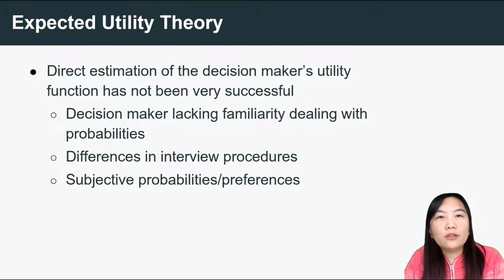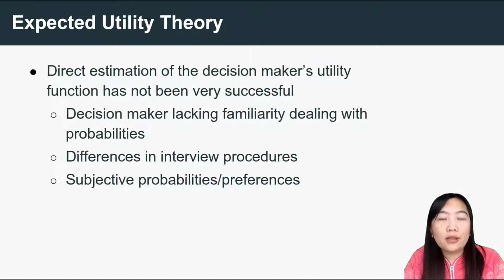And even when the decision maker has a good understanding of probability, when you're interviewing different producers, there might be differences in the interview procedures. Depending on how you frame one question, you might get different answers. For example, the profit that you solicit from the producer might be different purely due to the difference in the interview process.